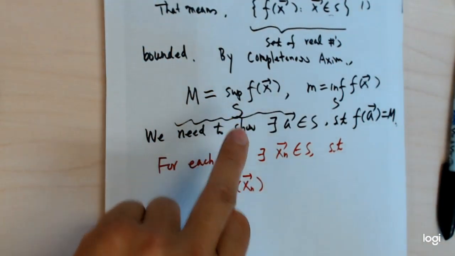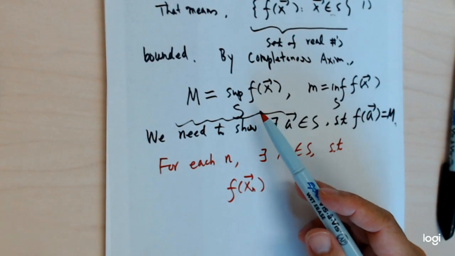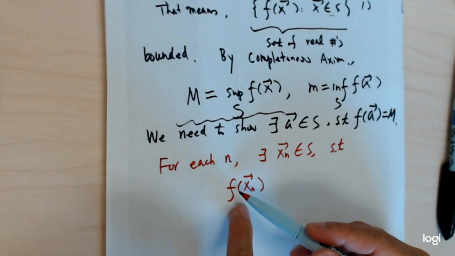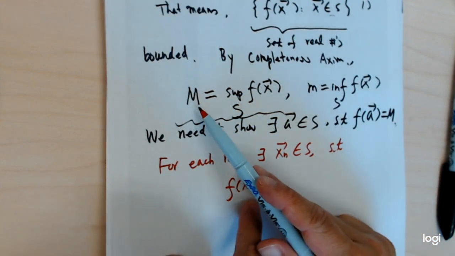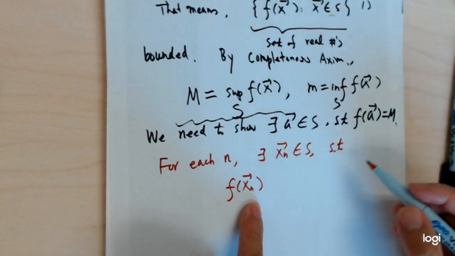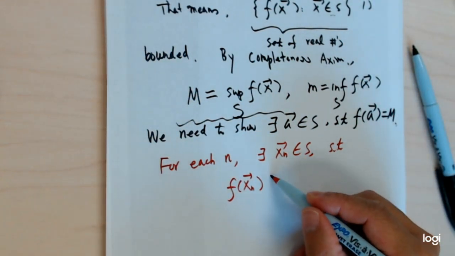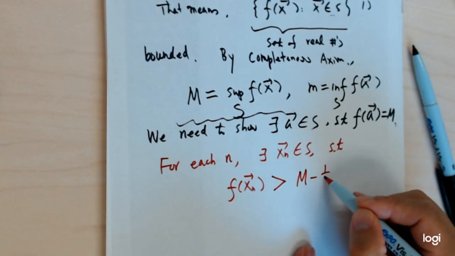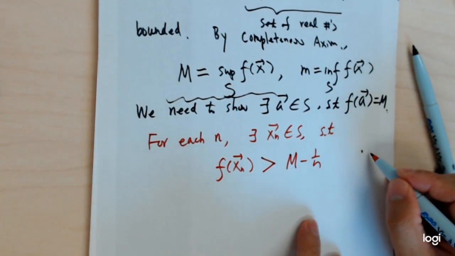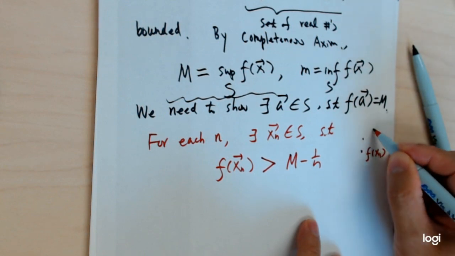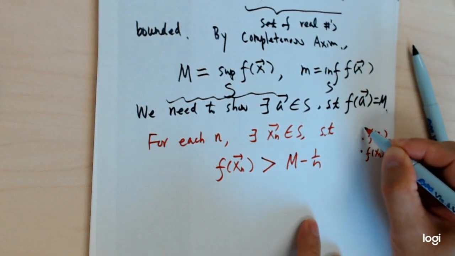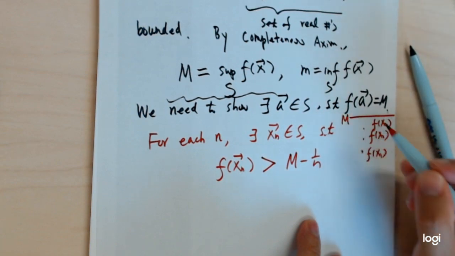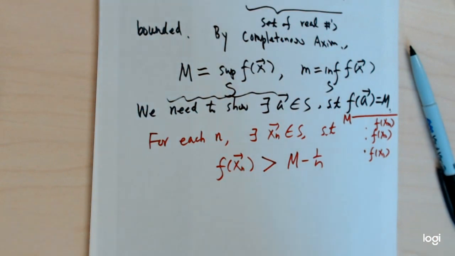Because M is supposed to be the supremum, that means there is always a point from S so that the function's value at that point is very close to M. So here's f of x1, f of x2, and f of x sub n, and up here is the supremum of f.